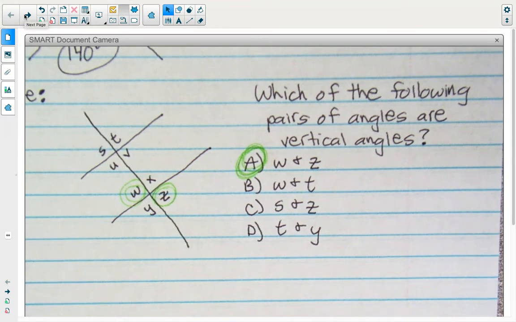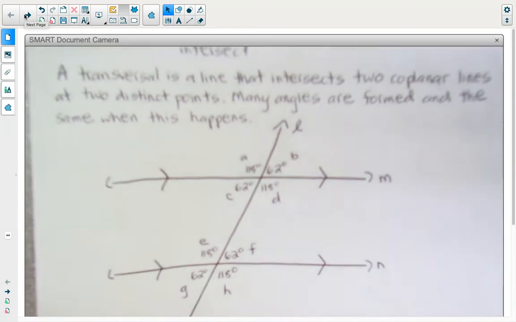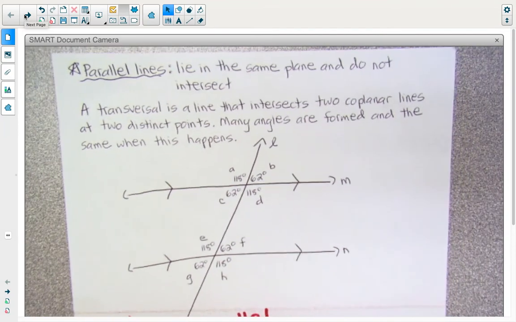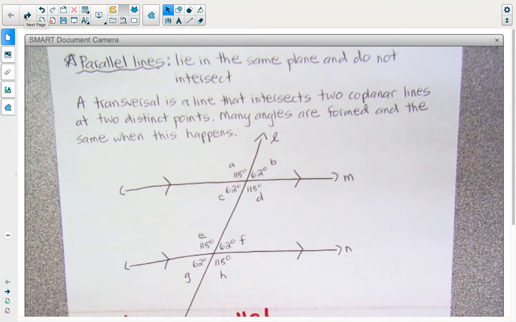Now, this picture, as I said, we're going to study in a little more detail. Way back in Math 2, I believe, you took a look at parallel lines being cut by a transversal. This is the picture that you studied a lot in Math 2. Parallel lines lie in the same plane and do not intersect. A transversal is a line that intersects two coplanar lines at two distinct points.